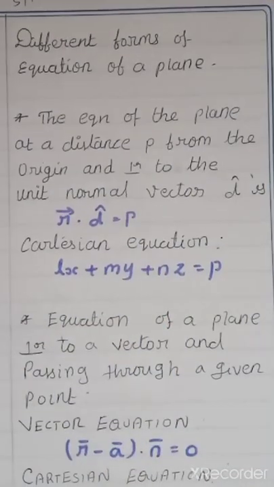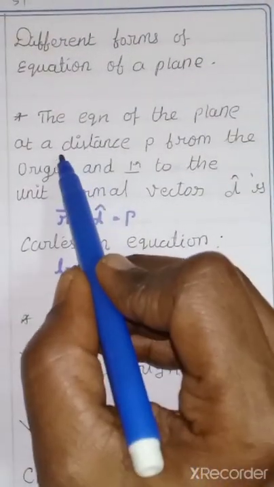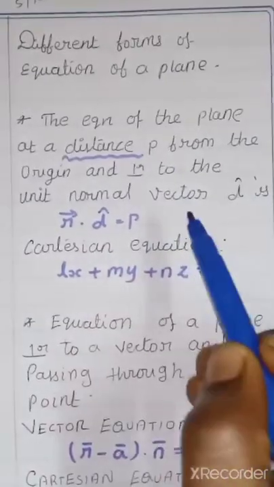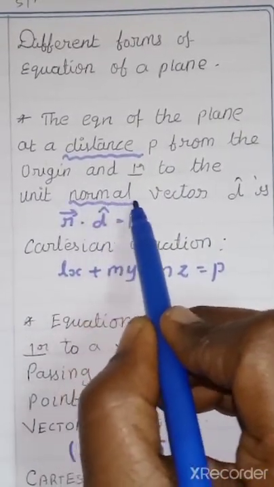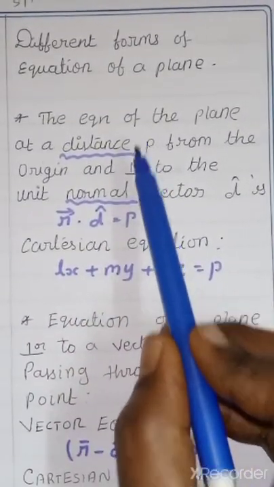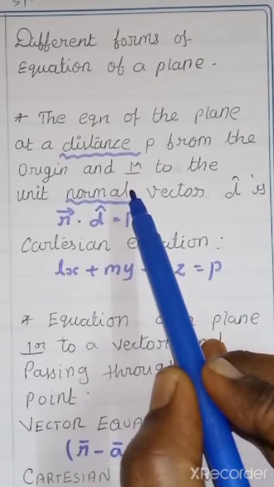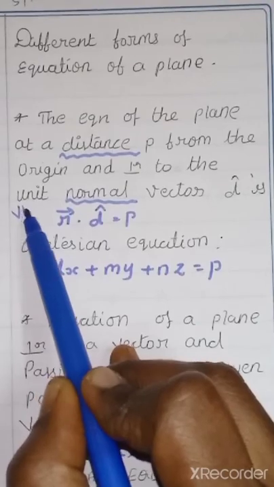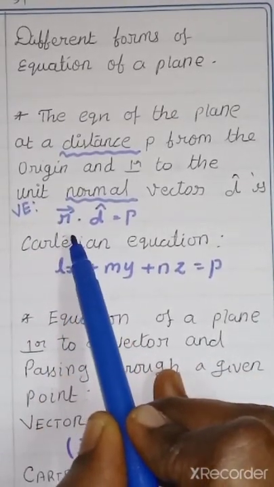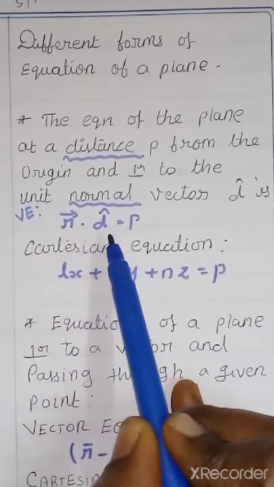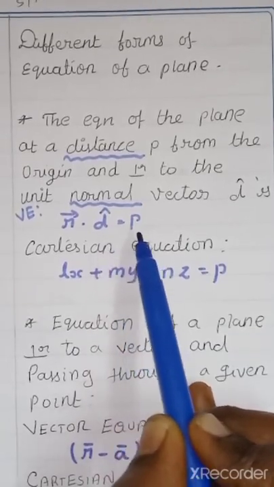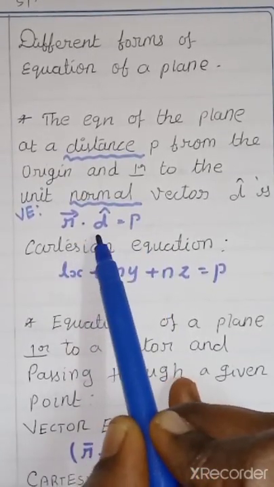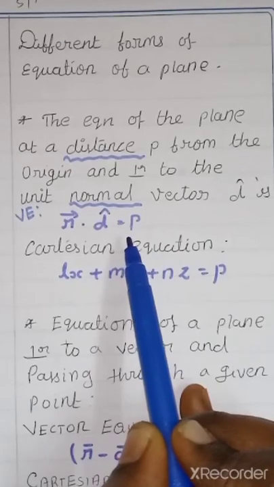So if distance and normal to the plane are given, then your vector equation is r dot d cap equal to p.